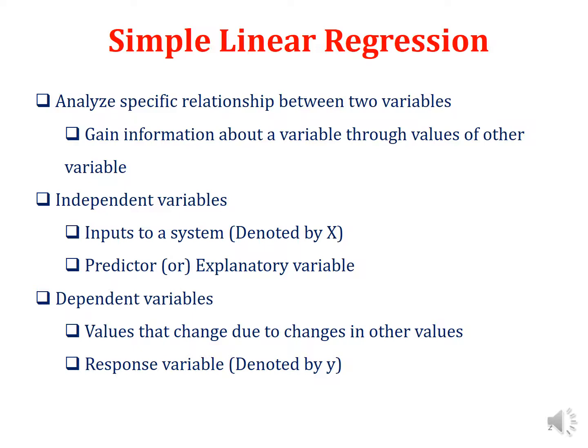This is the essential difference between them. We analyze a specific relationship between the dependent variable and the independent variables. How the dependent variable varies with change in the independent variable. Through this, we will gain a lot of information about the dependent variable through variation of values of the independent variable.